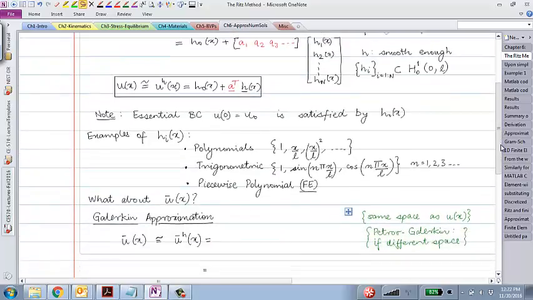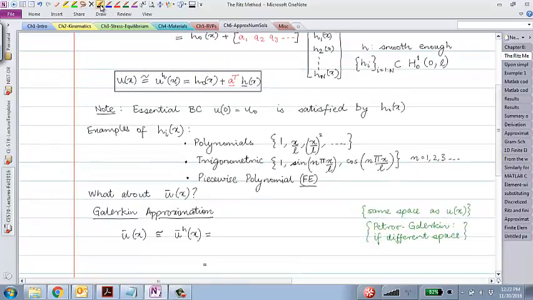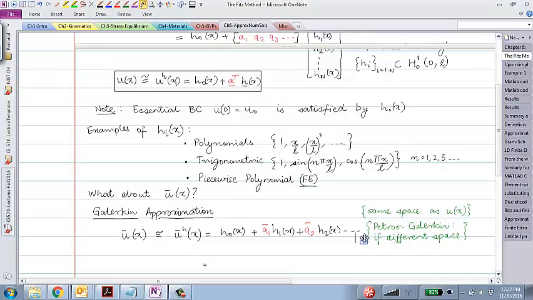Maybe I'll do that: h0 of x plus a1 bar h1 of x plus a2 bar h2 of x and so on. Can I do that? Would this be a good choice for the virtual displacement function?